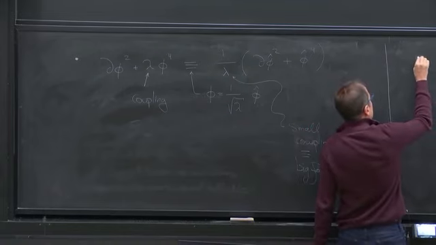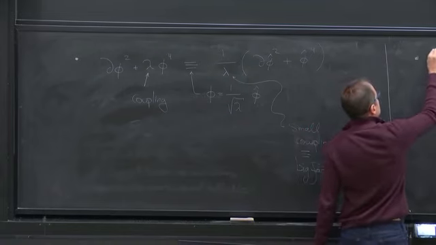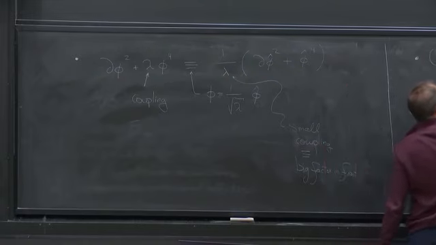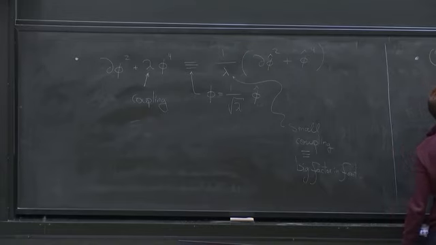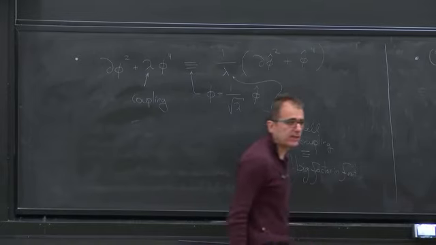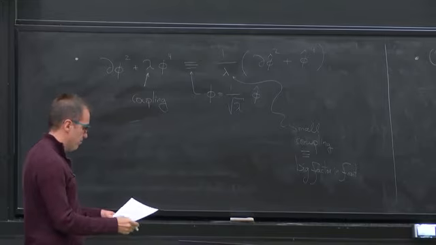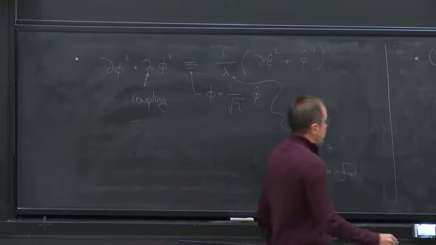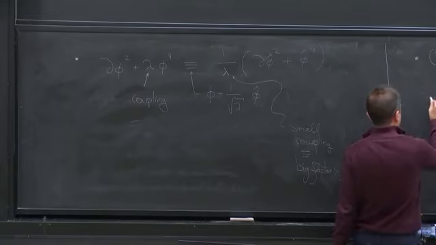Okay. So let me then introduce what's called the O(N) nonlinear sigma model. And as I said, we are going to spend maybe an hour and a half on this model. So this model is the following.